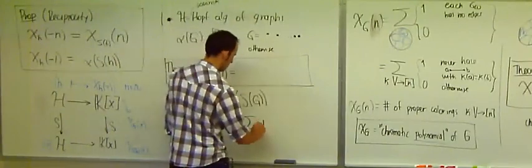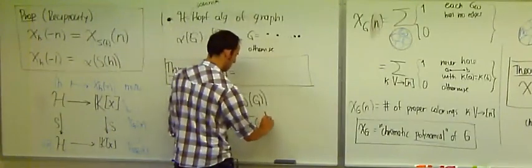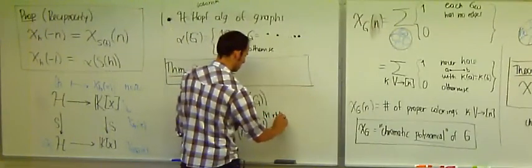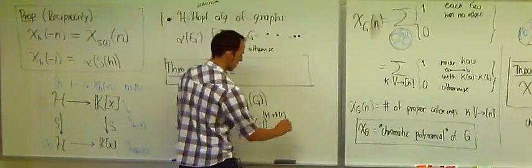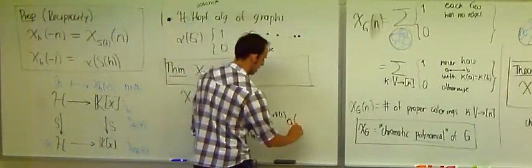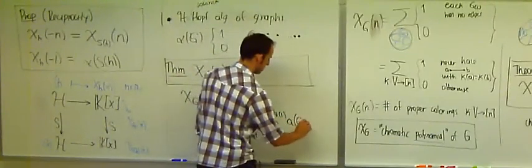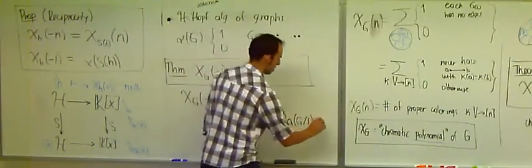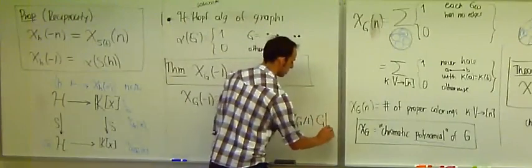Then we get minus 1 to the number of vertices minus the rank of the flat. Then we got the number of acyclic orientations of G contract F. And then we got G restricted to F.